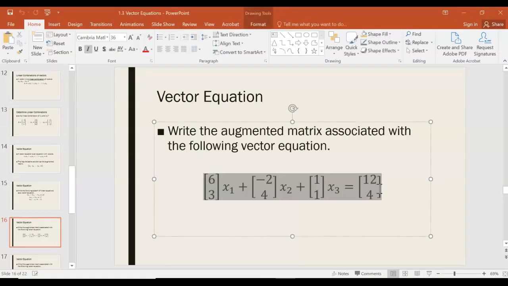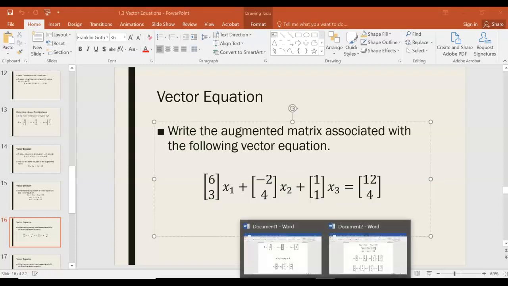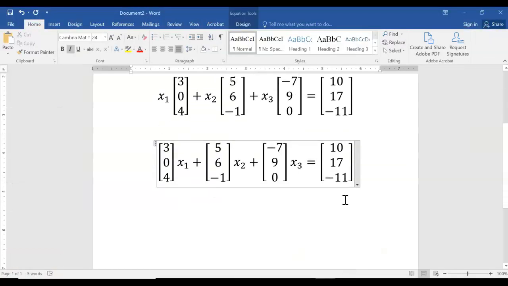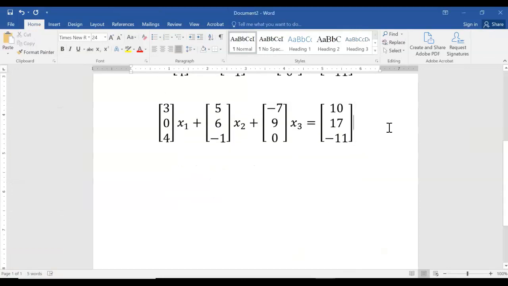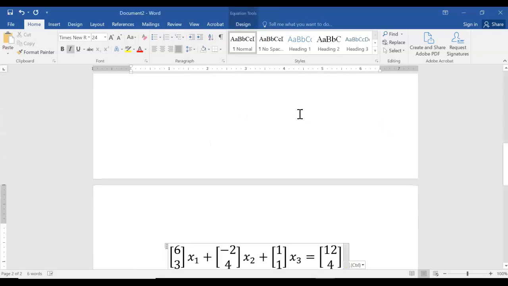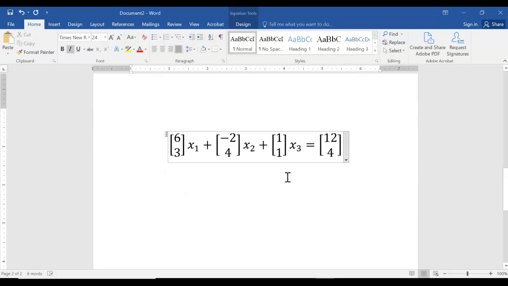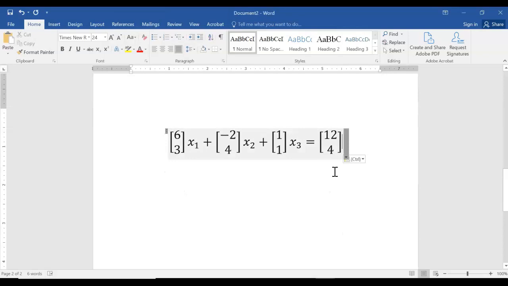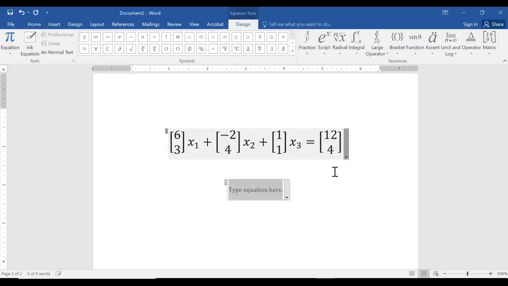So go back to our Word document here. We wanted to take this vector equation, write it as a system of linear equations, and then translate it into an augmented matrix.